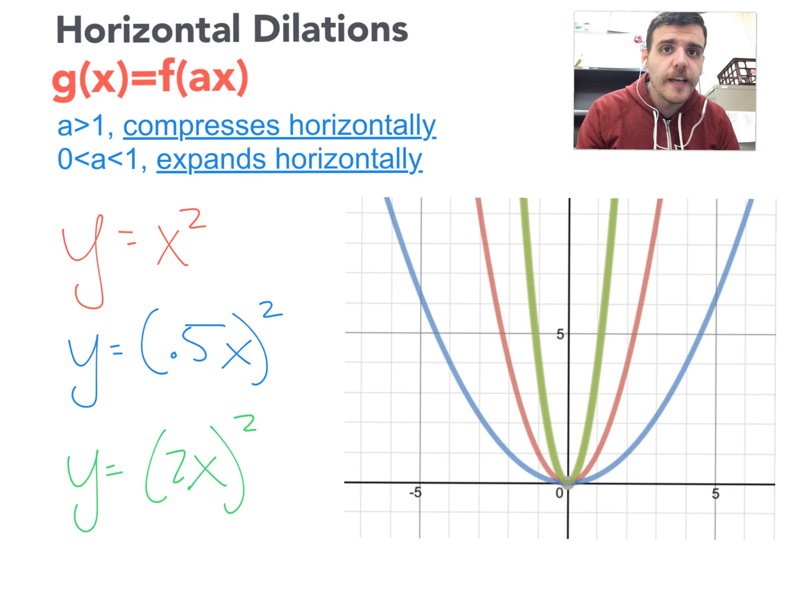So from the sides it got pushed in to make this skinnier graph. But notice in this case, this is also just the same thing as 4x squared, which would be an expansion vertically. That's why the horizontal dilations, sometimes they're a little bit harder to see or to write from a graph.